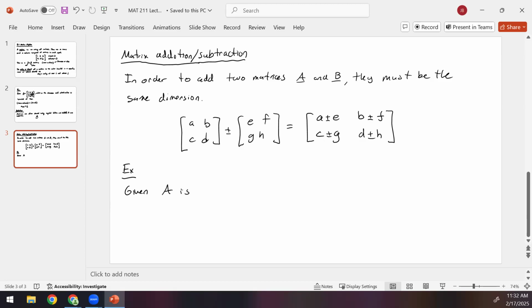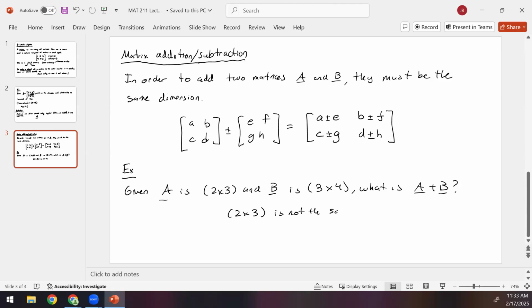Given A is 2 by 3 and B is 3 by 4, what is A plus B? Well, if you look, you notice that 2 by 3 is not the same as 3 by 4.